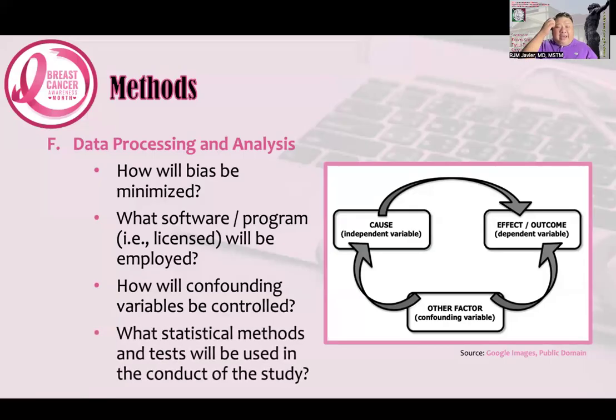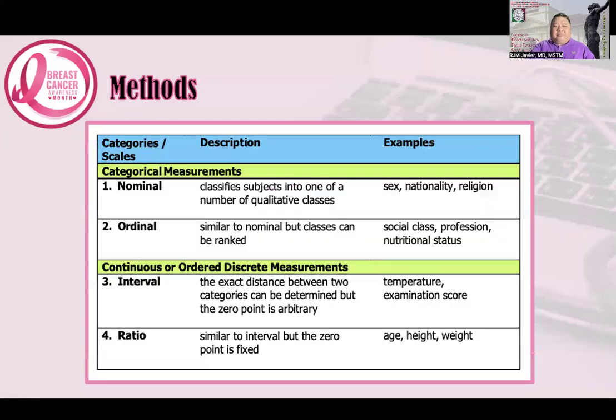And what statistical methods and tests will be used in the conduct of the study? Again, you should be very familiar with the variables of interest. I hope you know the difference between your categorical measurements and your continuous or discrete measurements. Under your categorical variables, they could be nominal data or ordinal data.